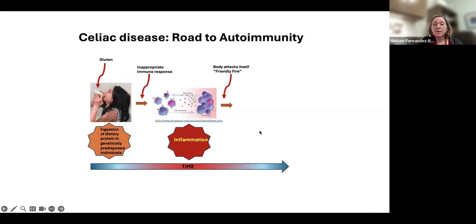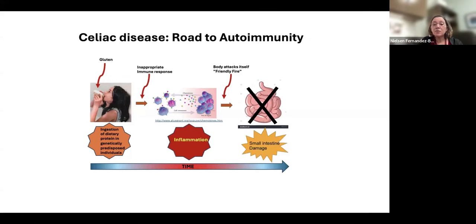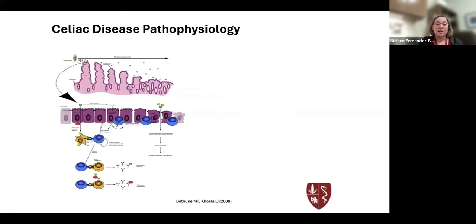And so in a sense, the body is recognizing gluten as something harmful, and it's trying to protect you. And it's this friendly fire, or activation of the immune response, that results in damage or injury to the lining of the small intestine.